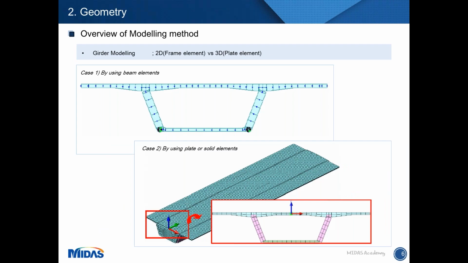I chose a modeling method before using software. These are two modeling methods for the transverse analysis generally. The first method is 2D. It has beam elements. I know that this method is easy to model and check a girder, and it also needs short analysis time.